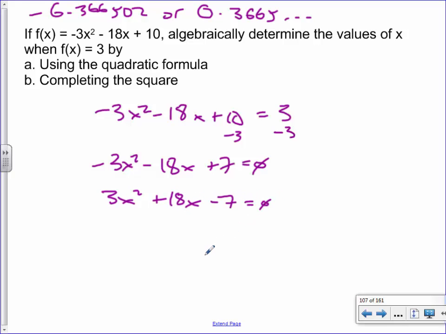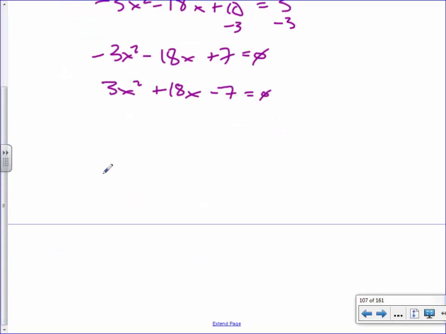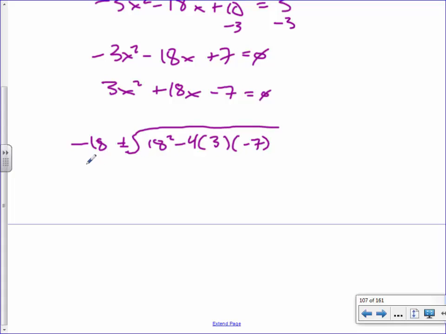I'm just flipping all the signs around because I don't like negative leading coefficients. So, negative 18 plus or minus the square root of 18 squared minus 4 times 3 times minus 7, all over 2 times 3.